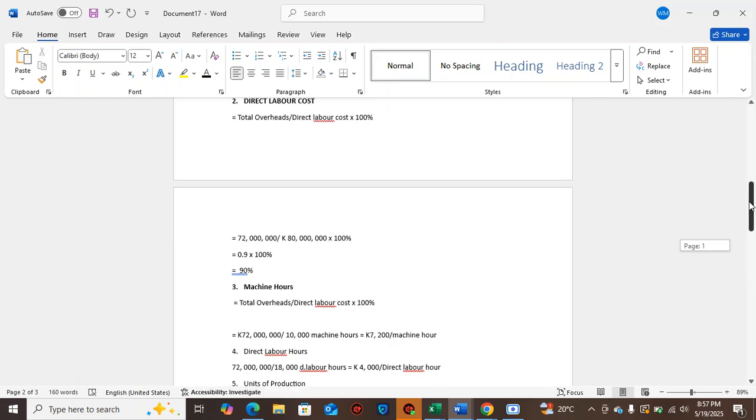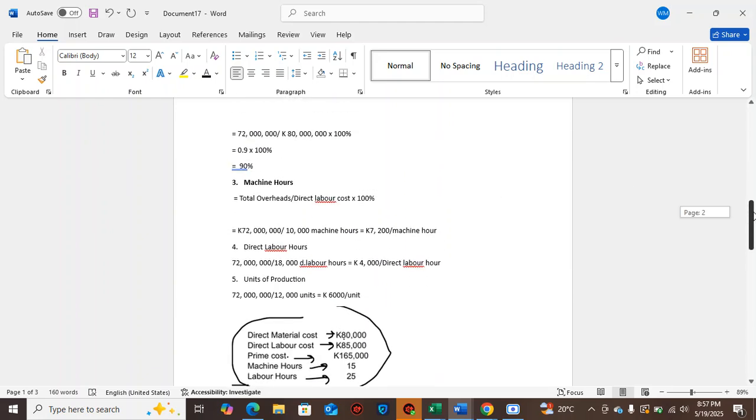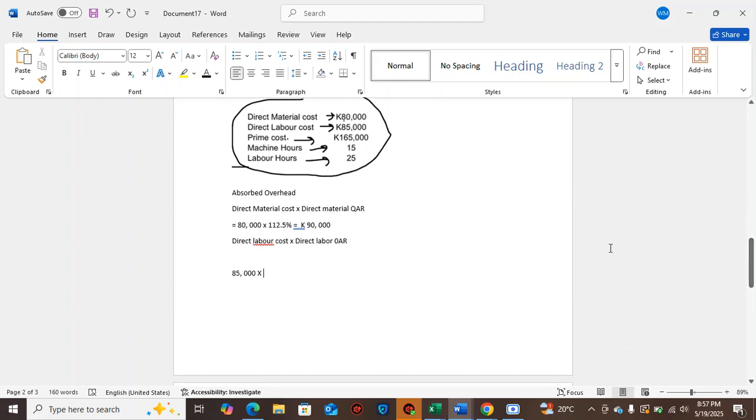Our overhead absorption rate for direct labor cost was 90%. So 85,000 times 90%, 76,500. Okay. Colleagues, these are just the overheads that we're calculating here. All these amounts that we get represent the overheads.